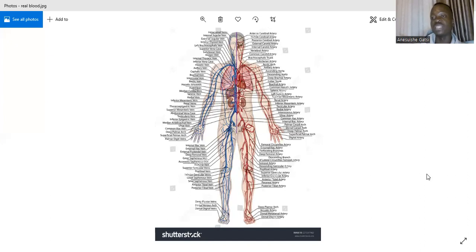The petrous part of the internal carotid artery is where it lies in a carotid canal, right? Then remember, from the carotid canal, it emerges on the apex of the temporal bone, on the posterior wall of the foramen lacerum as it passes upwards and into the upper part of the cranial cavity to enter the cavernous sinus, right? In the petrous part, it gives you caroticotympanic branches, which go to the middle ear.